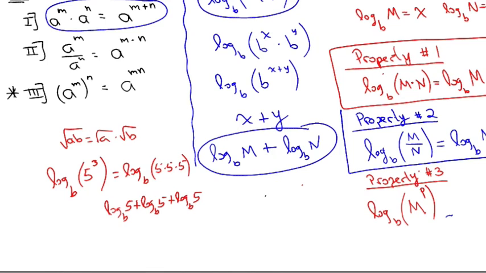When you add the same thing over and over again, what operation are you really doing? Multiplication. What's 5 plus 5 plus 5 plus 5 plus 5 plus 5? Would you sit there and go, well, 5 plus 5 is 10, and 10 plus 5 is 15? Or would you count how many 5s there were, which is 6? That was multiplication. This is 3 times log base b of 5.